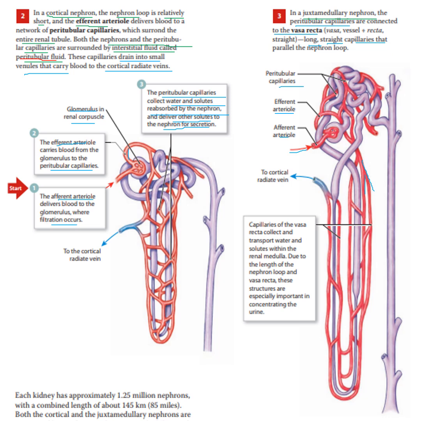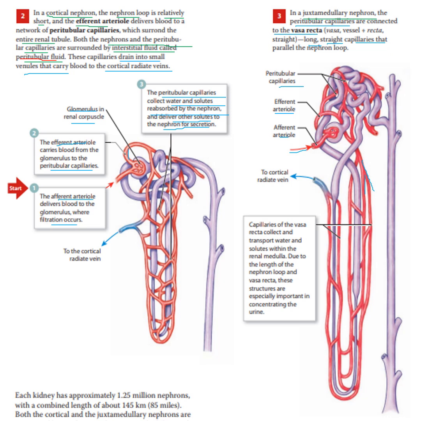The peritubular capillaries and the vasa recta are both the same. The only difference is their location. Peritubular capillaries are mainly present in the cortex, as in the cortical nephron.